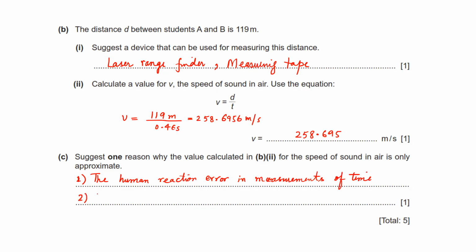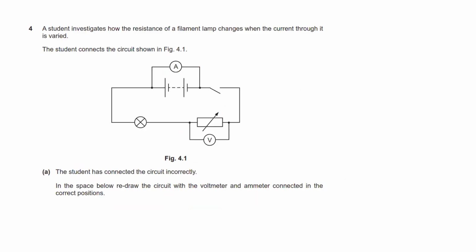Or you can say the inaccurate measurement of distance. We need to measure the straight line distance. If there is some inaccuracy in the measurement of this distance, this will also result in an approximate value of the speed of sound.